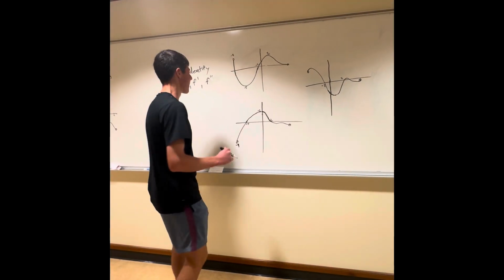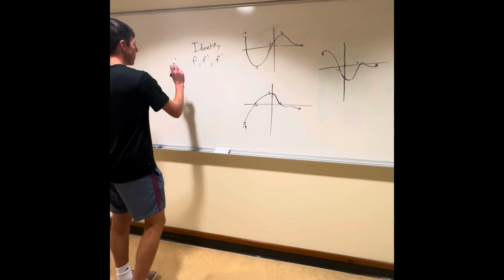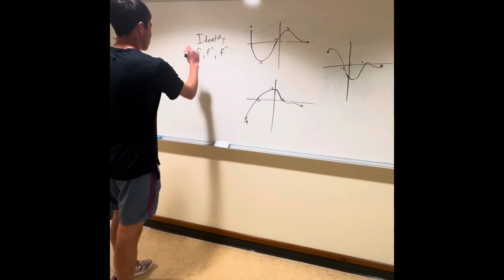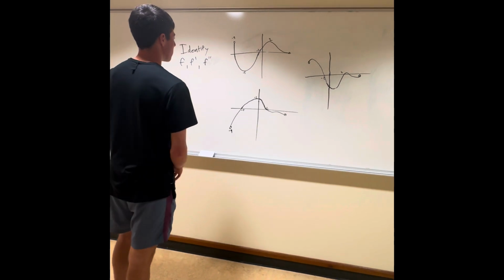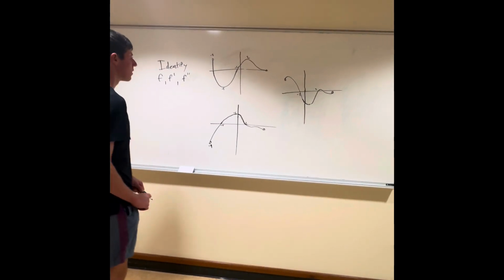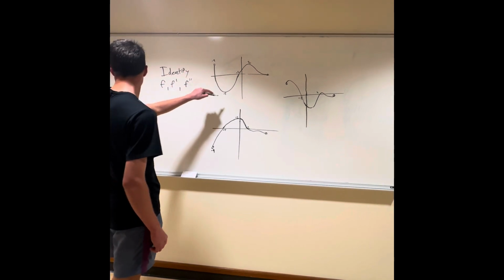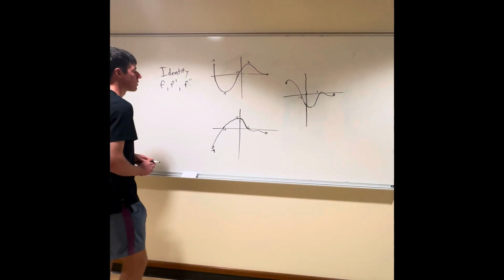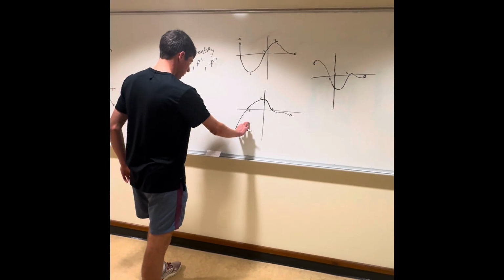Okay, so for this, we're trying to find f, the derivative, and the second derivative with these three equations. So first, we have to look at the slope. So this one, we see it's negative from -9 to -5. So here, it's also negative because the value is negative.